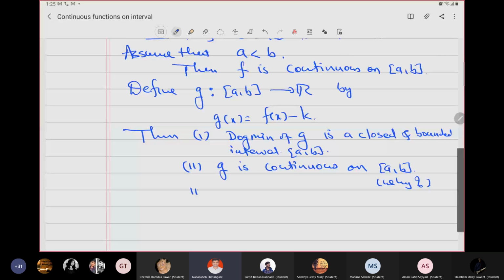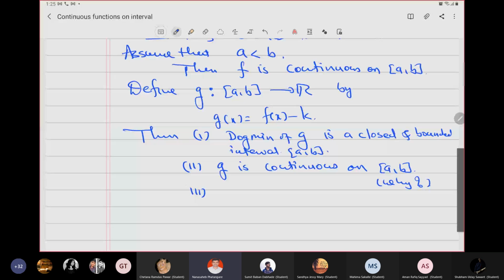Third point, what is g of a? It is f of a minus k. But f of a is less than k. So what is f of a minus k? Is it negative? Right.